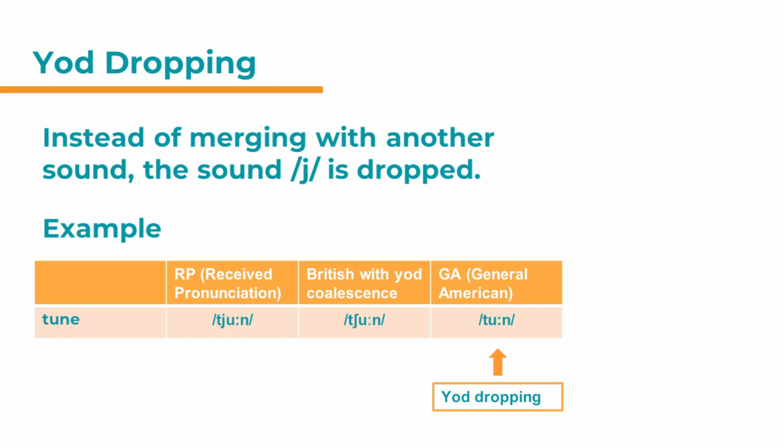And then we have General American, or just an American accent, and here the y has disappeared and the pronunciation is tune. And that is what we describe as Yod dropping. I know it's a very complicated word for something quite simple. The Yod has disappeared, the y sound is gone.